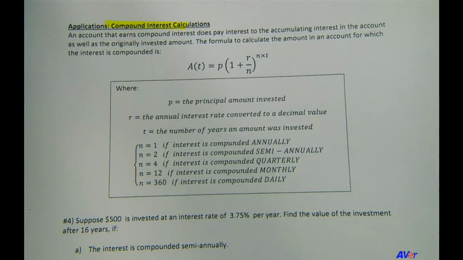So the simple interest is this. If you have $1,000 and you invest it at, let's say, 5% for the next 30 years, let's calculate how much interest you're going to earn. Let me grab a piece of scratch paper here.